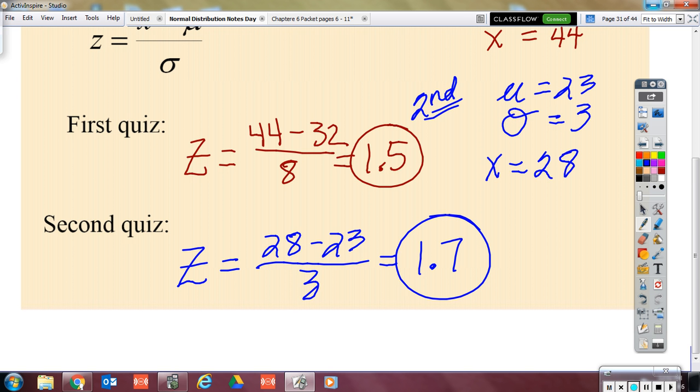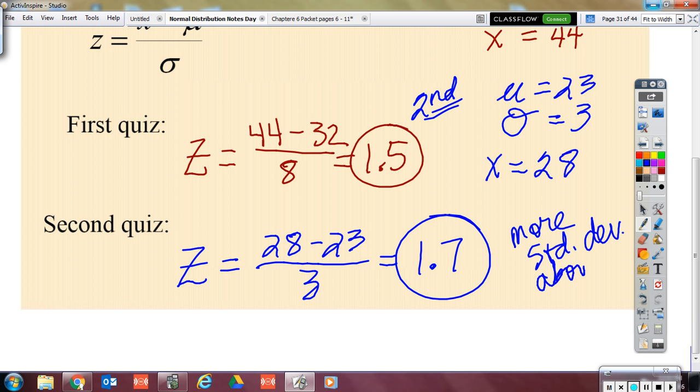Okay, the first quiz is a z-score of 1.5. Second quiz is a z-score of 1.7. Which one did the student do better on? The second one. Why? More standard deviations above the mean. That is why. The student did better on this one because there are more standard deviations above the mean.